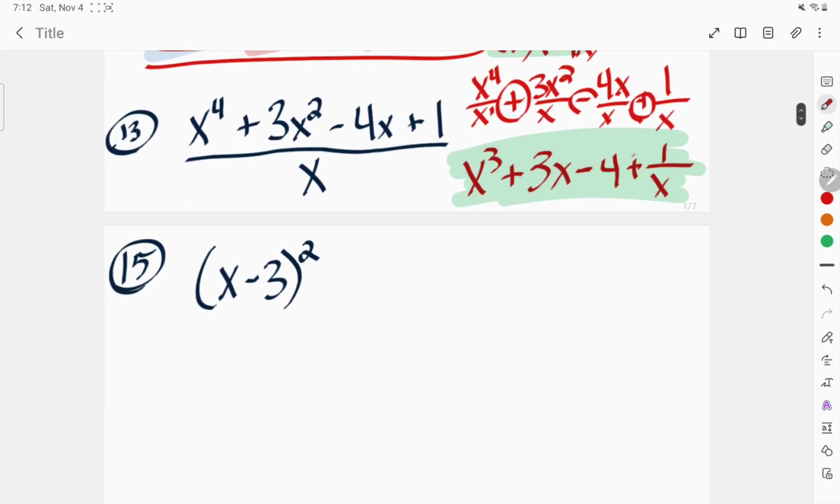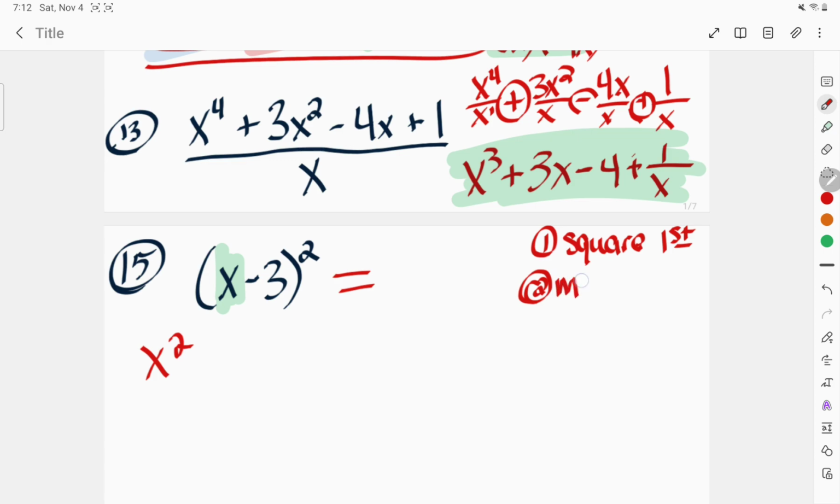Okay, so number 15. There are two ways that you can do this when you are factoring out a square. So the first thing you could do, step 1, is square the first. So my first is x. I'm going to square it, which is going to give me x squared. Step 2 is multiply the first times the second.